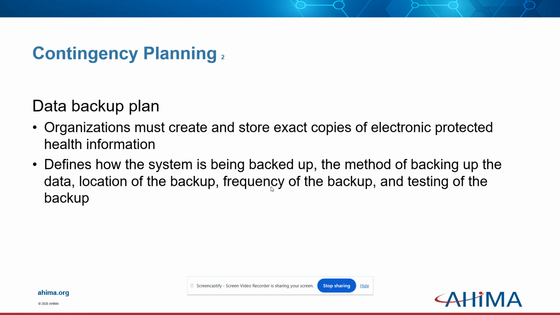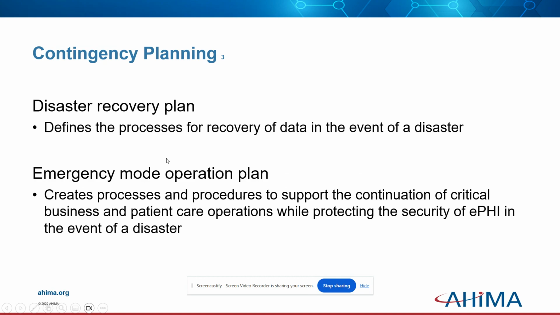The method of backing up, as I mentioned, the location, the frequency, and also the testing of the backup to ensure that all of the systems are doing exactly what they should be doing. We also have disaster recovery plans, where we look for the specific definition of the process for the recovery of data, the actual process by which we do that, God forbid, in the event of a disaster.